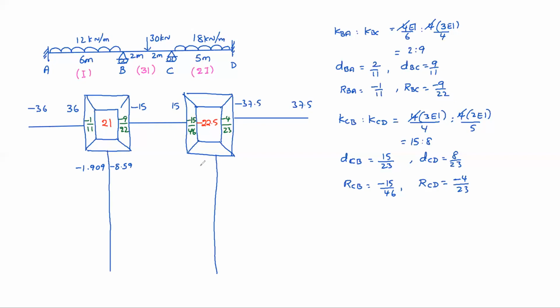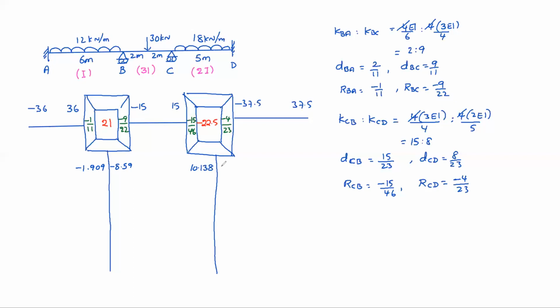Coming here, minus 15 by 46 into bracket open minus 22.5 minus 8.59, how much? 10.13.